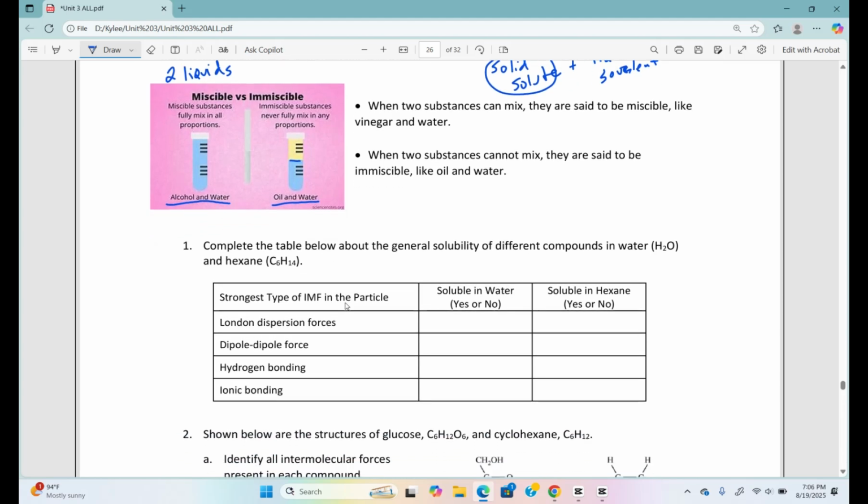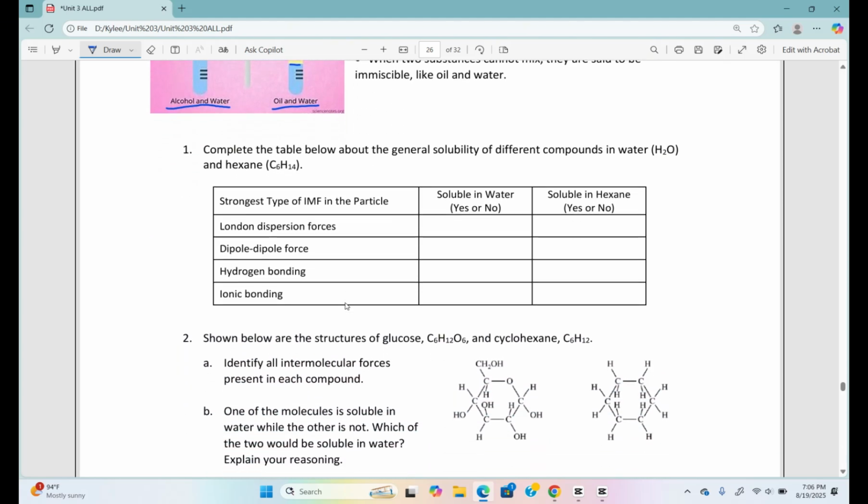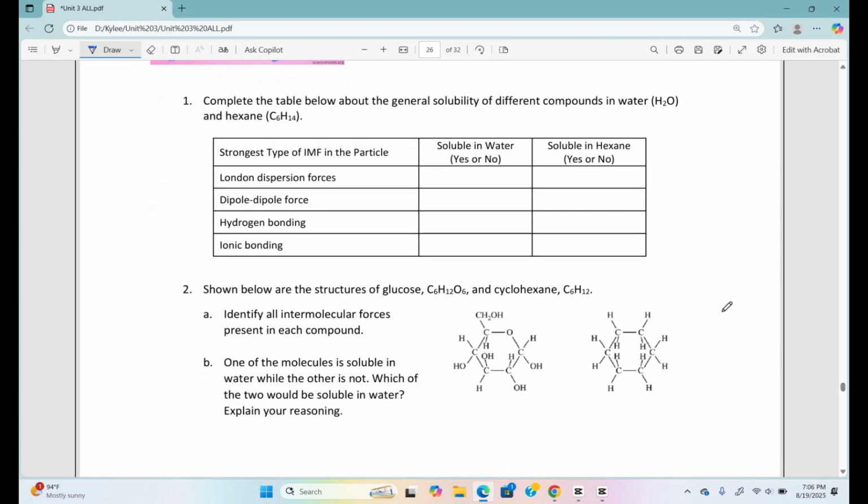So here we have a couple example problems that we're going to look at together that look at this solubility. We have a chart here, and it says complete the table below about the general solubility of different compounds in water or hexane.